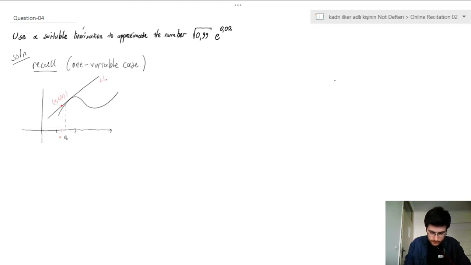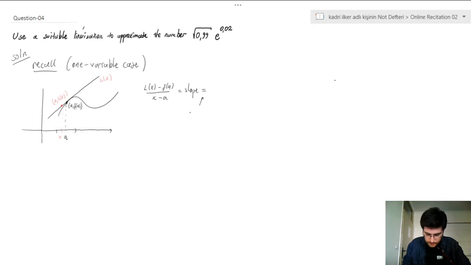So L(x) is the tangent line. So be careful, we have the point (a, f(a)). And if you really compute the slope, this is the slope.